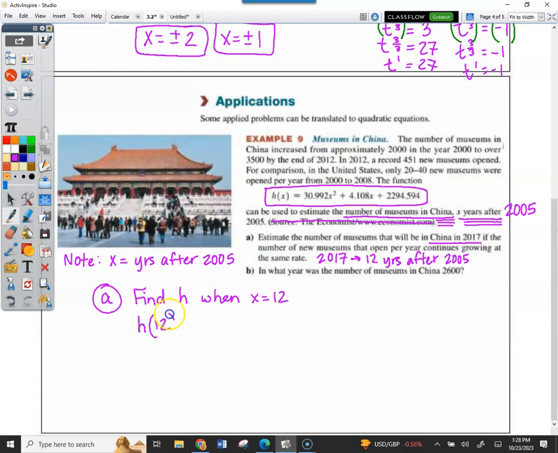So H of 12. Go to your calculator. Type it in. And by the way, you are going to get a decimal. We're going to round to the nearest integer without going over. So type it in and tell me what you get.